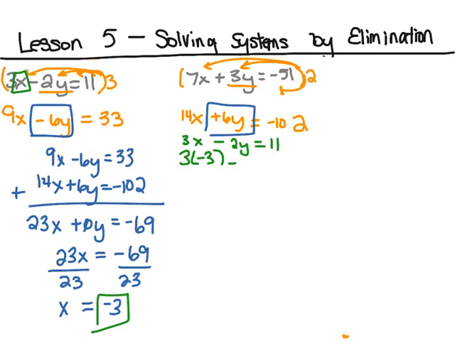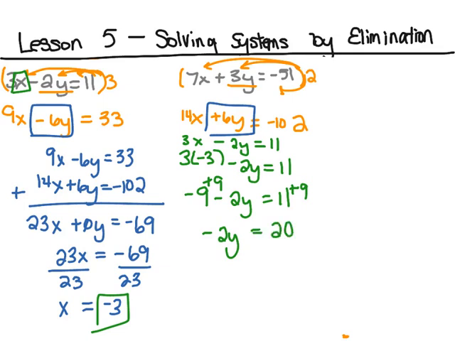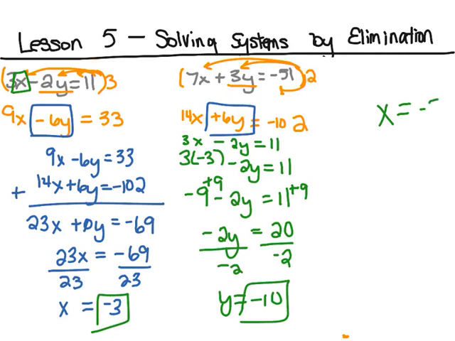So 3 times negative 3 minus 2y equals 11. 3 times negative 3 is negative 9. Minus 2y equals 11. Plus 9 to both sides. And negative 2y is equal to 20. Divide both sides by negative 2. And y is equal to negative 10. So x equals negative 3, y equals negative 10.